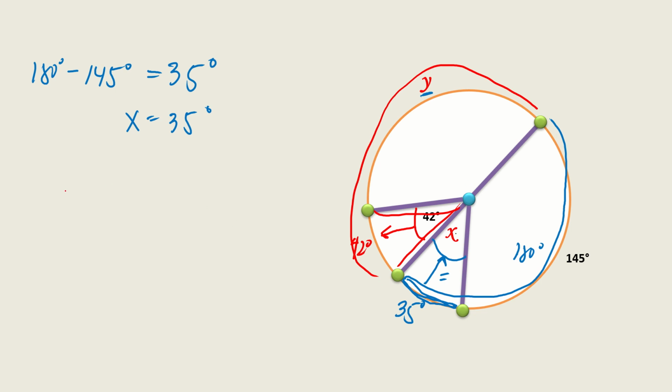So that is minus uli. So 180 degrees minus 42 degrees equals 138 degrees. So that is the value of y.